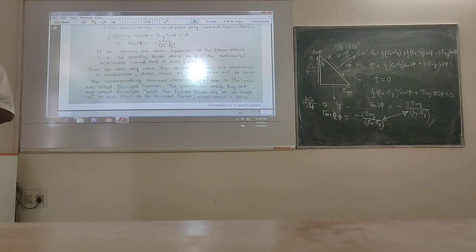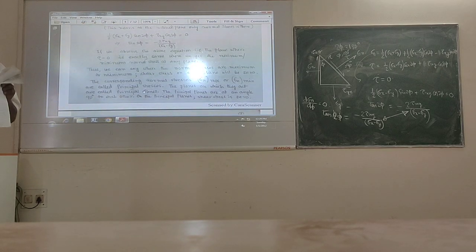Okay. Now, till now whatever we have discussed is related to normal stress, right? Where the normal stress is becoming maximum, we have taken the assumption that shear stress becomes 0, and we have found the condition for normal stress becoming maximum in terms of tan 2 phi.